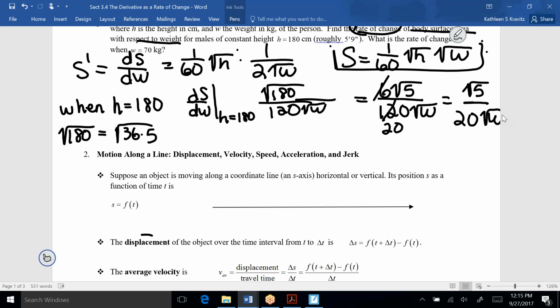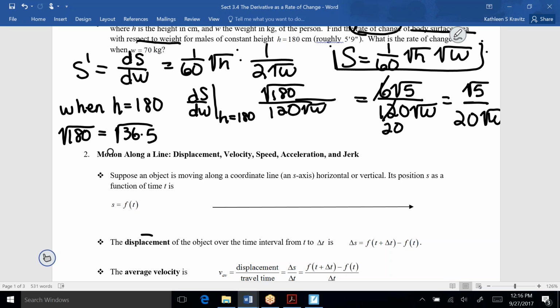To answer that question, the first question says find the rate of change of the body surface area with respect to the weight. So we're finding the rate of change. So this is the rate of change, and this is for any given w. So if we're given a weight, then this is going to be the rate of change for any given weight w.